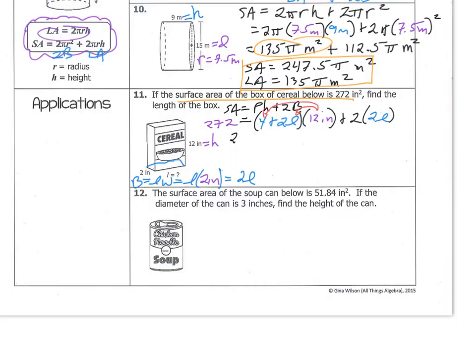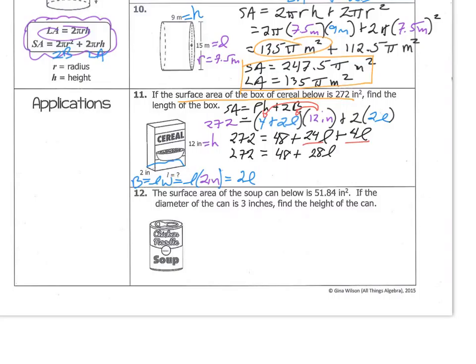So I get 272 equals 12 times 4 is 48 plus, what's 12 times 2L? 24L plus, what's 2 times 2L? 4L. I want to get my terms simplified, so I want to collect like terms. So 24L and 4L is what? So we have 272 equals 48 plus 28L.